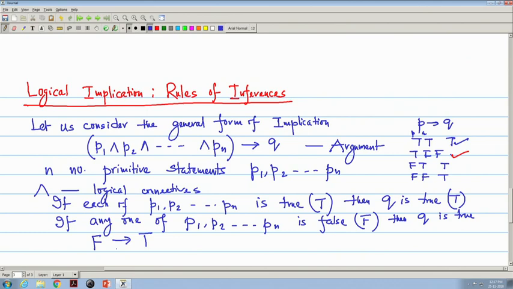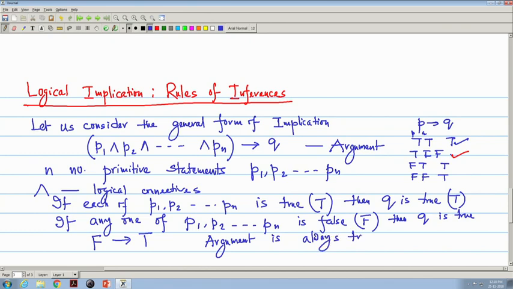So we have to check the validity of the argument, that means on what conditions the argument is always true.